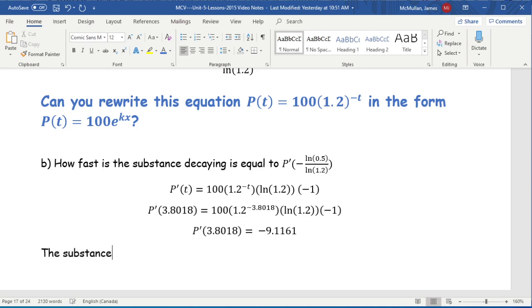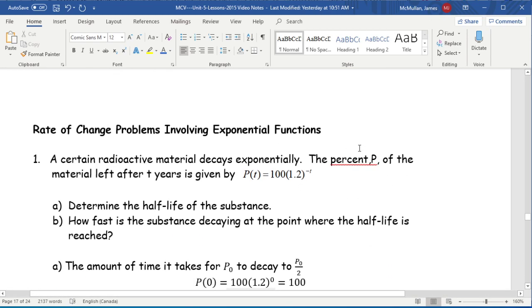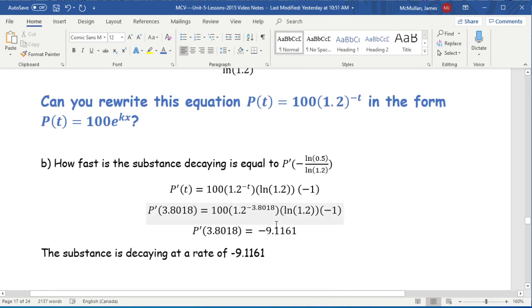Let's go back and read what it actually was. It says the percent of material left after t years. So the substance is decaying at a rate of negative 9.1161% per year, and that is my final answer.